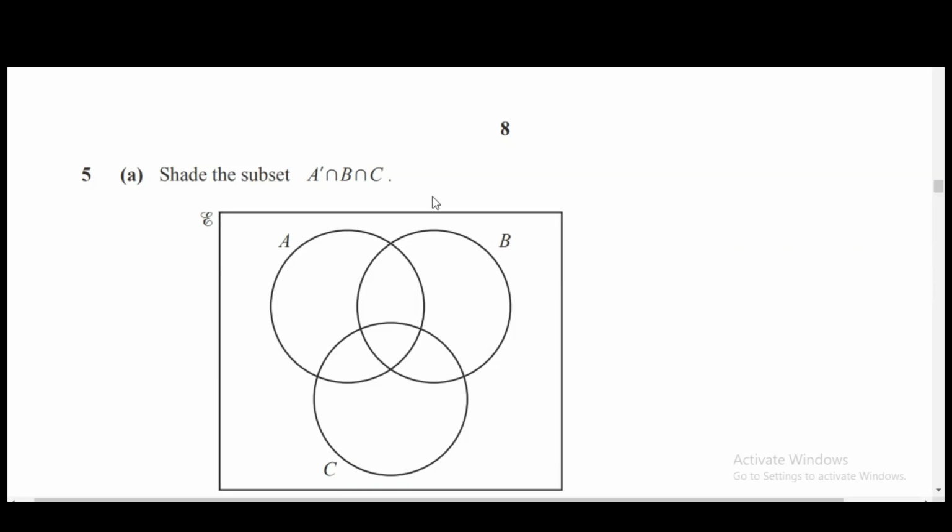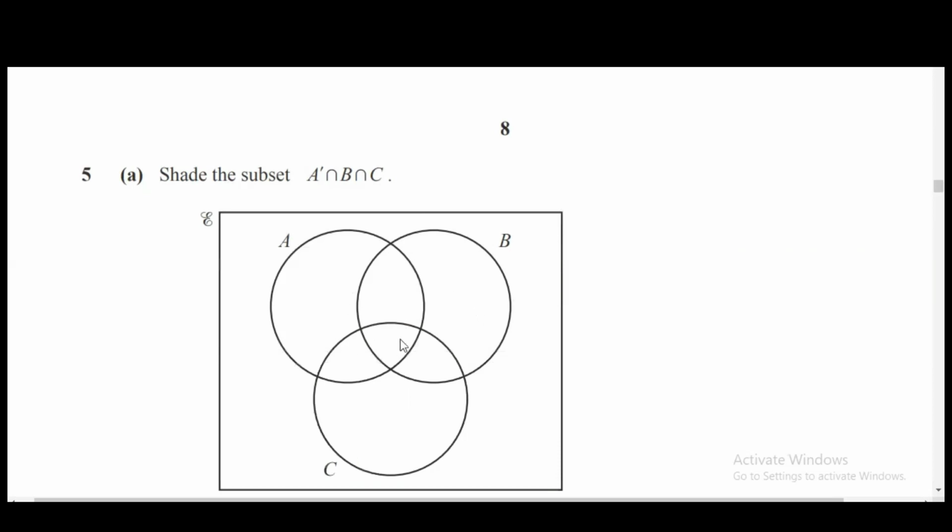So there are two approaches. The first approach is that you should know the subset of all the regions. This is the first step.